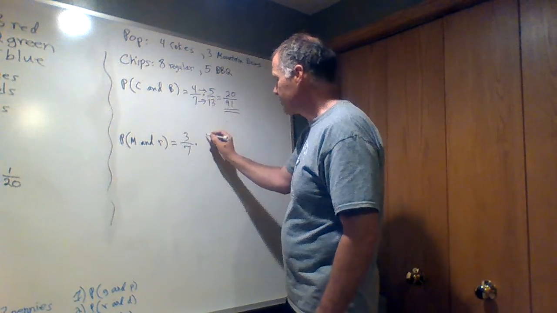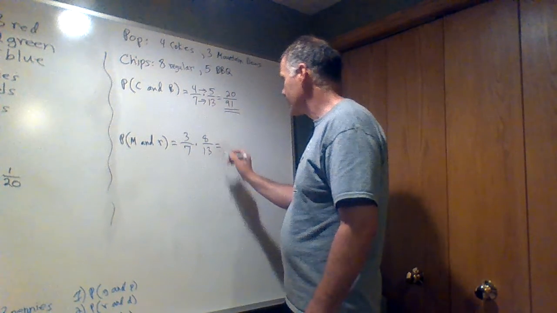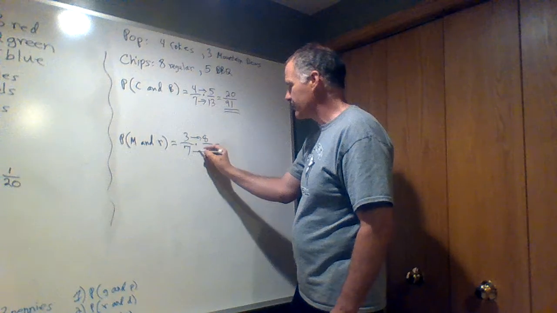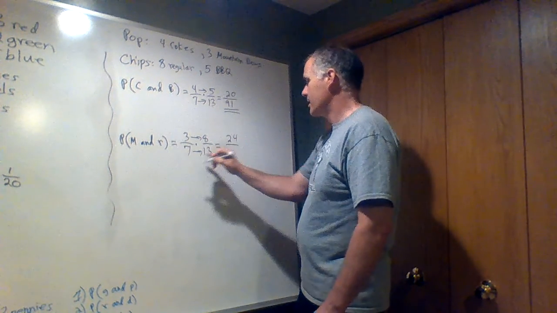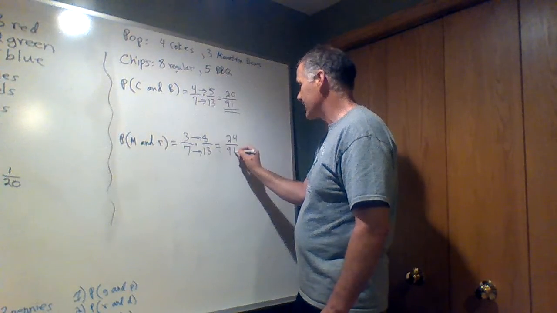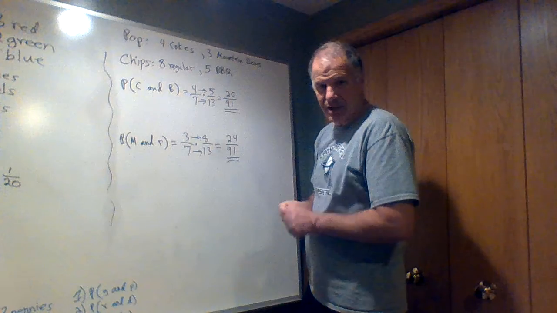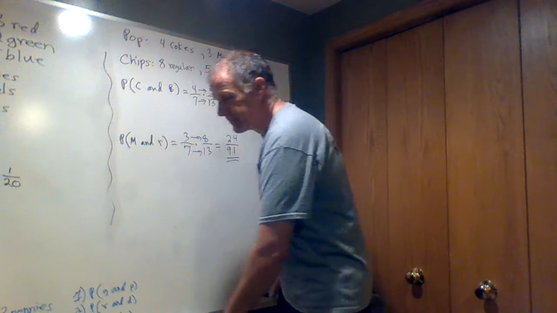There's 8 regular chips out of 13. Okay, again, multiply across the top, multiply across the bottom. 3 times 8 is 24. 7 times 13, we already did, 91. Again, because 91 is a prime number, that is finished. Okay, so 24 out of 91 would be the answer on that one.